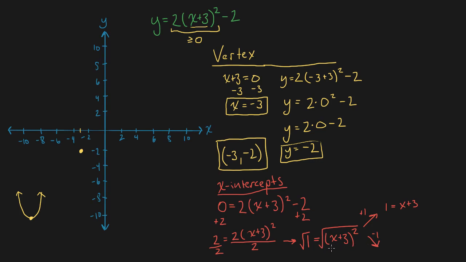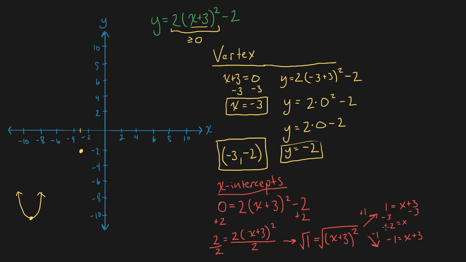And then we have -1 is equal to x plus 3, and then we can just finish these with algebra here. We subtract 3 from both sides, and that gives us -2 is equal to x. So that's going to be one of our x-intercepts.